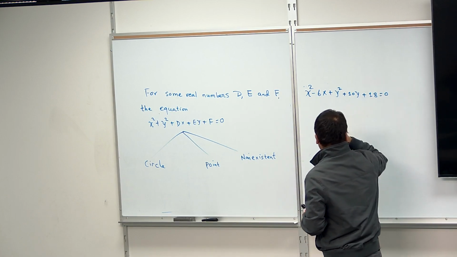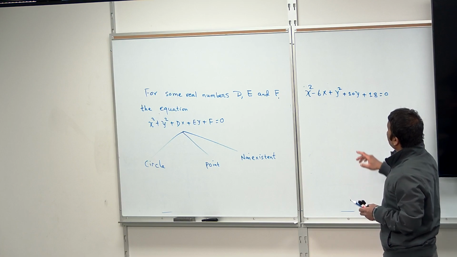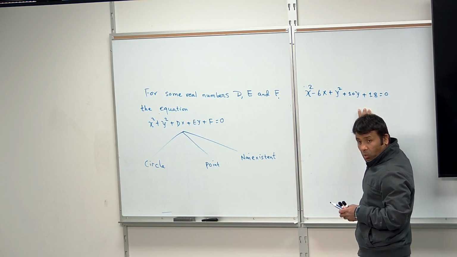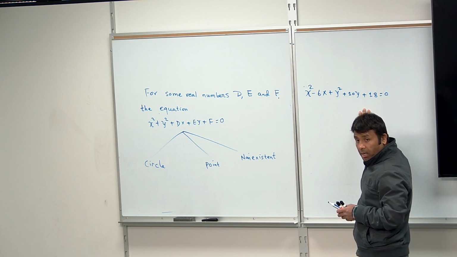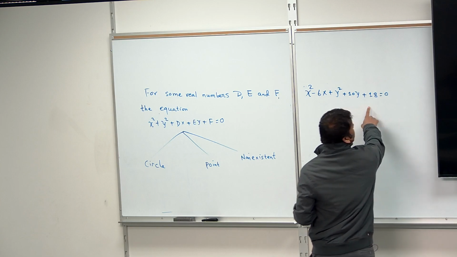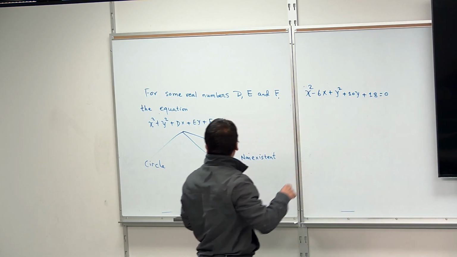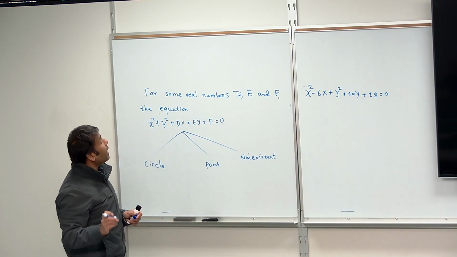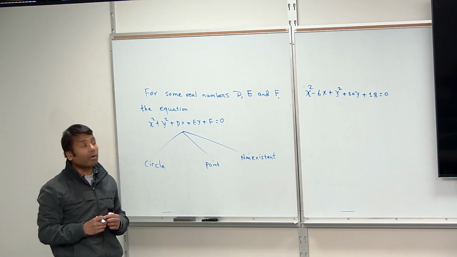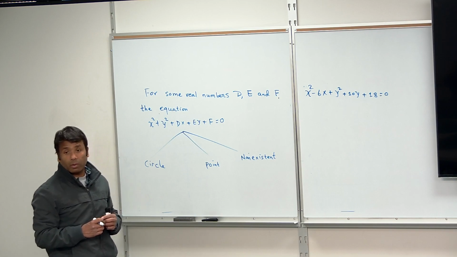We have to show that this equation, the general equation of the circle, can have a circle as its graph.